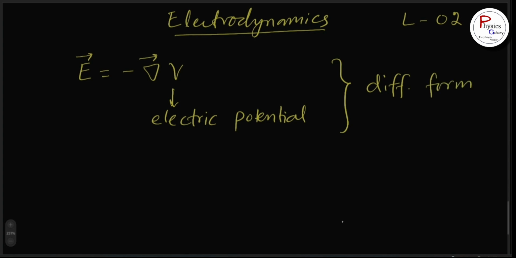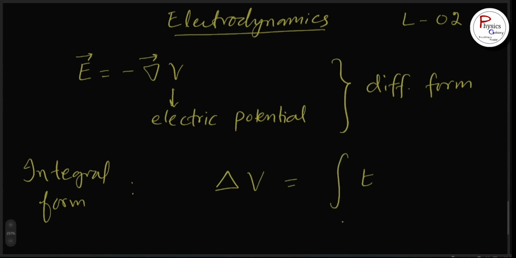Then we also introduced the integral form of the same equation. The change in the potential is equal to the line integral of the electric field, that's integral E dot dl with a minus sign.